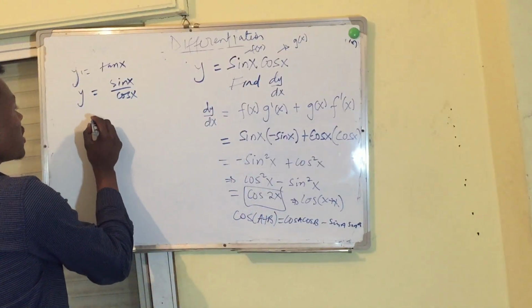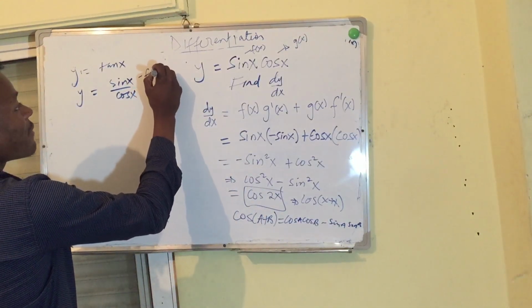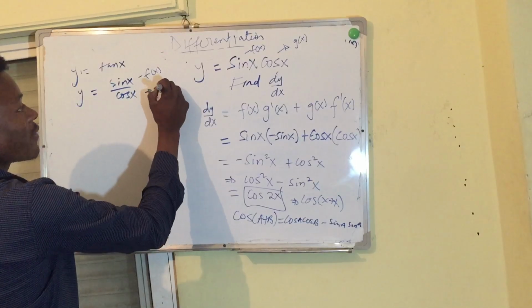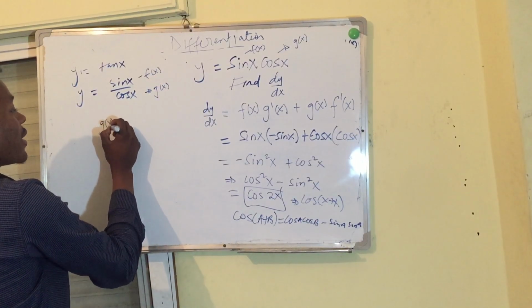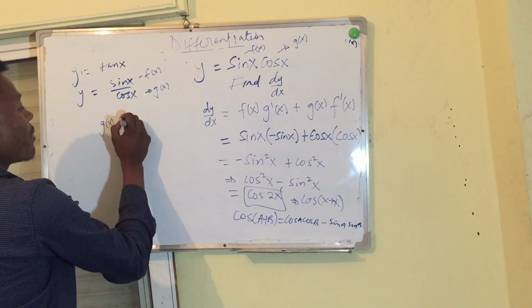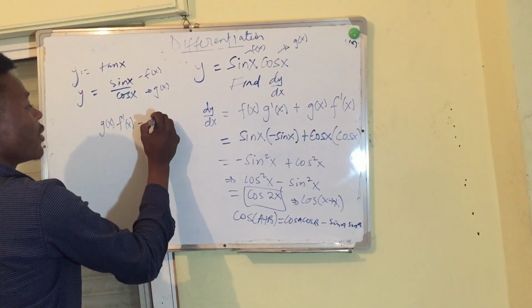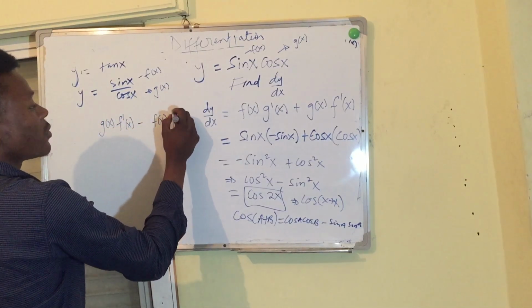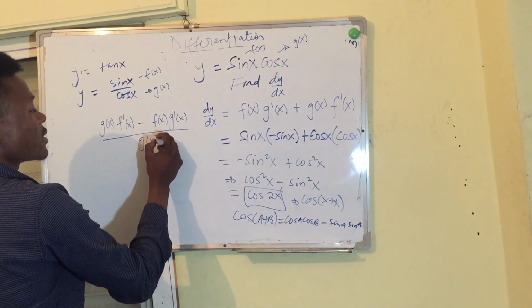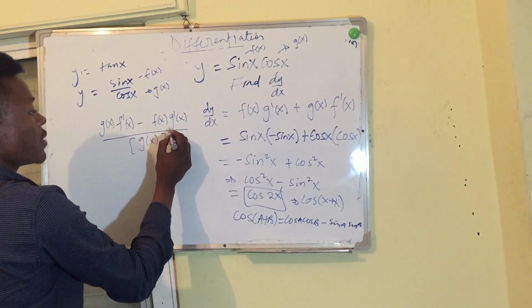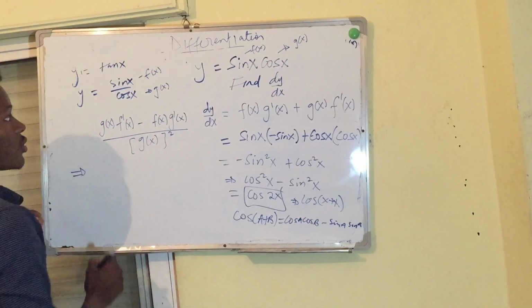Quotient rule kuma mun sani idan wannan function na sama is f of x, wannan na ƙasa is g of x. So therefore quotient rule we have g of x times f prime of x minus f of x times g prime of x divided by g of x square. This is abin da quotient rule ya ce.